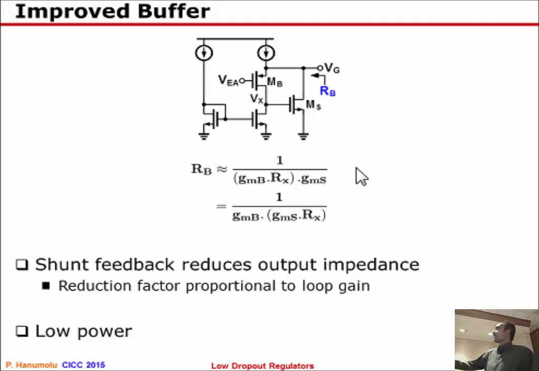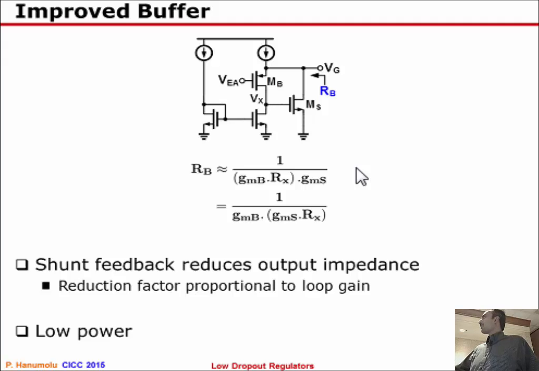The way to think about this is, when you change output impedance, it is when you wiggle VG, how much current do you draw from the output. So here, when you wiggle VG, you will see a large gain from this point to Vx, because these two transistors act like a common gate stage. So the gain from here to here is the transconductance of this stage times the impedance at Rx, that is GMB Rx. So when you wiggle this by 1 millivolt, this wiggles by GMB Rx times 1 millivolt. So the net current drawn here is really GMB Rx times GMS.